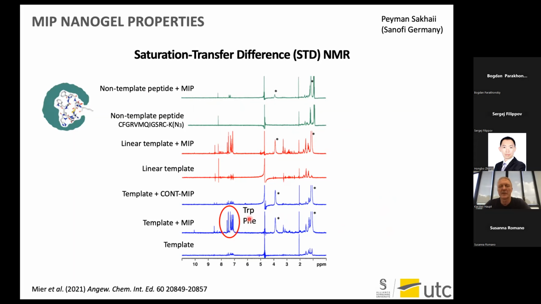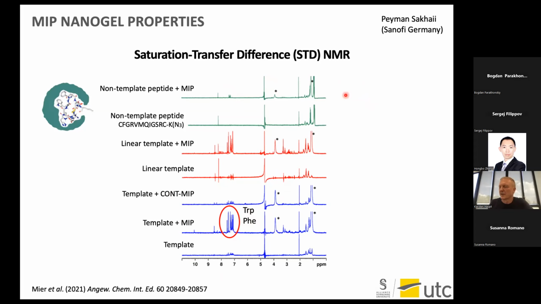I mean, these peaks, for example, are of protons coming from tryptophan and phenylalanine. And the STD NMR is a little bit more sensitive to hydrophobic amino acids, and there is a complementary technique called WaterLOGSY where we can see more easily the hydrophilic ones, and we have used that as well, but I will not detail it here.